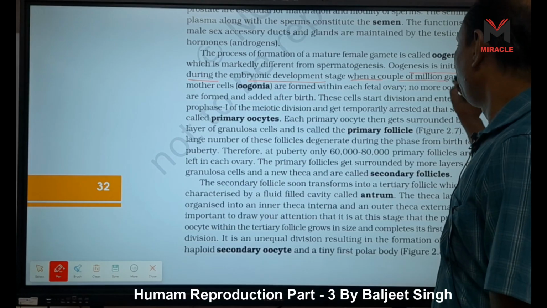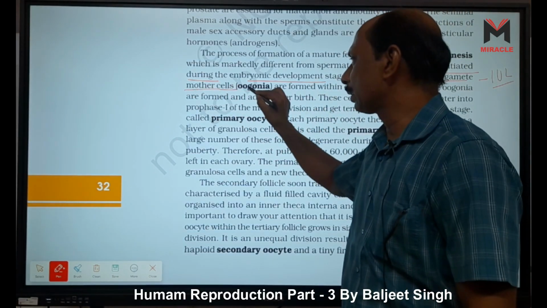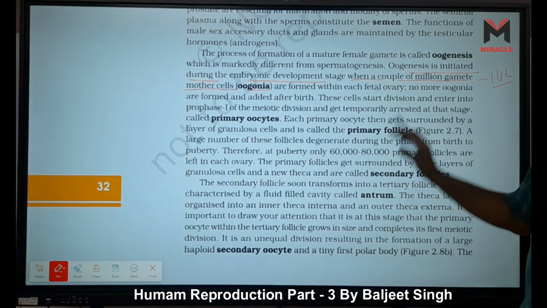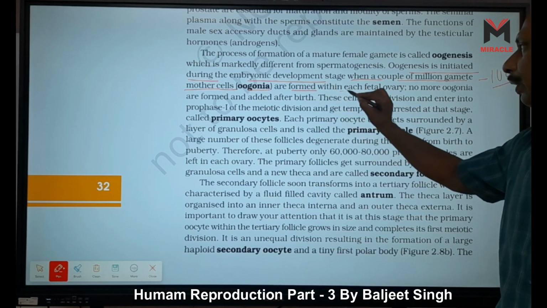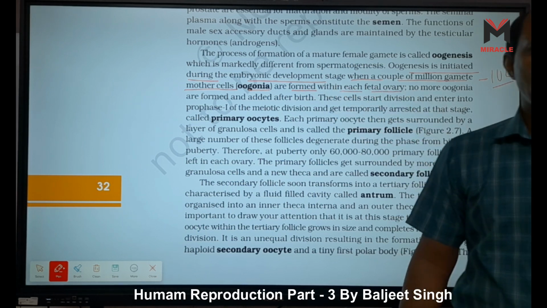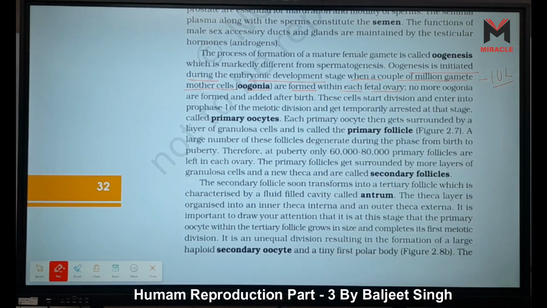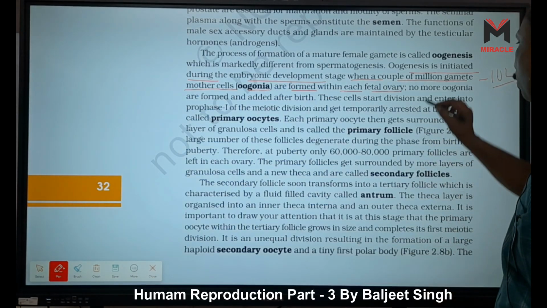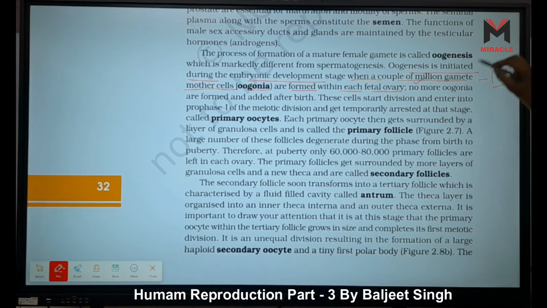When a couple of million gamete mother cells, that is called oogonia, right, are formed within each fetal ovary. How much is it given? Couple of million means what? 2 lakhs in each ovary. That means in total in both ovaries, it is 4 lakhs.